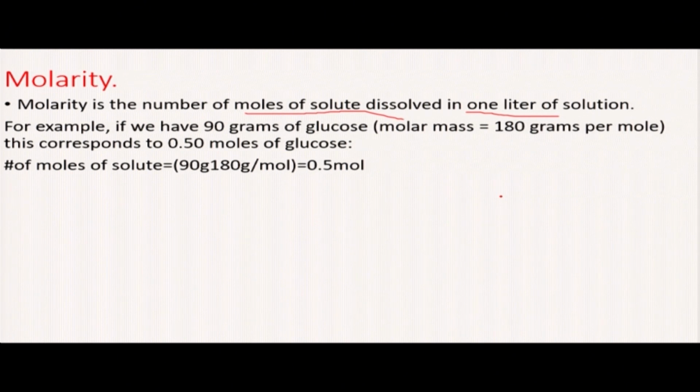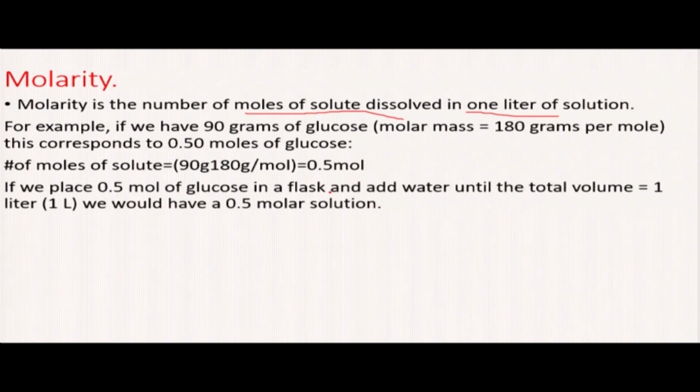You know the number of moles from your senior 2. The number of moles of the solute. We said the moles of the solute dissolved in 1 liter of the solution. That is very important. So 90 grams is equivalent to 0.5 moles of the solute.